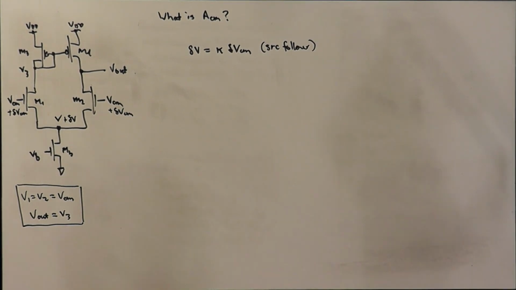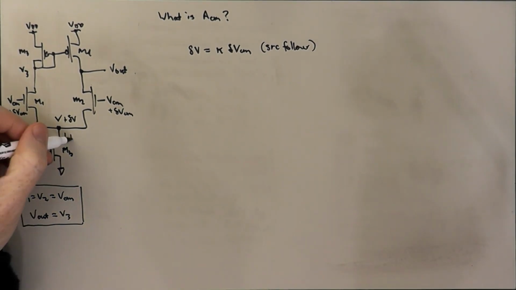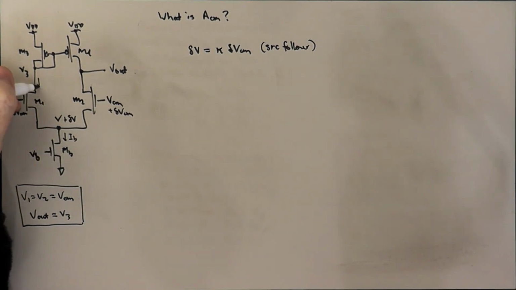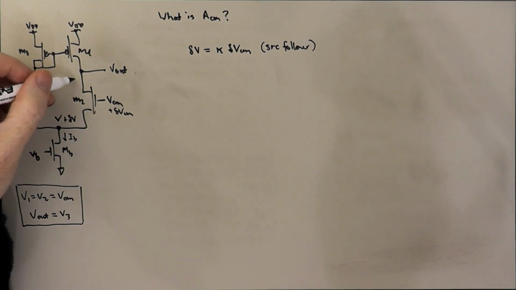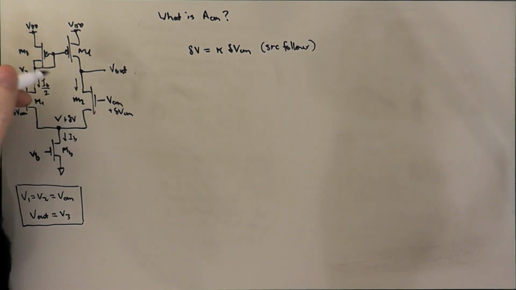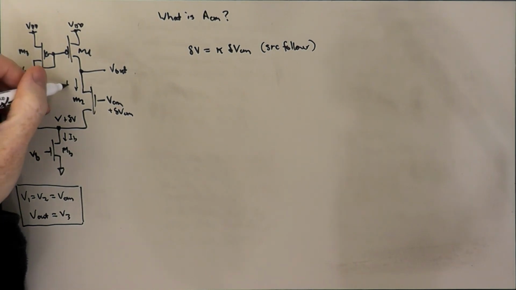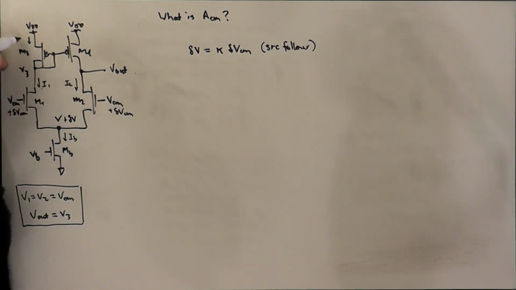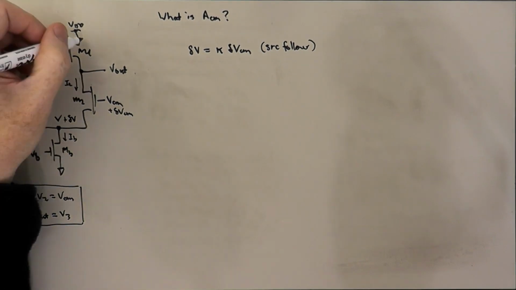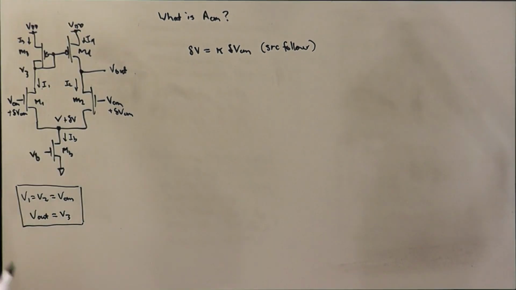Well, so here we have IB over 2. Let's call this maybe I1, I2. Well, what happens to the current flowing through MB if its drain voltage increases by delta V?